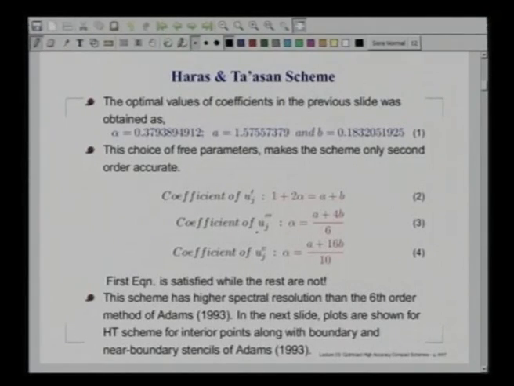So, what happens? You have a formally second order accurate scheme. However, even though it is second order accurate, as we will see shortly, this choice of values of alpha, a and b provides extraordinary accuracy for periodic problems.